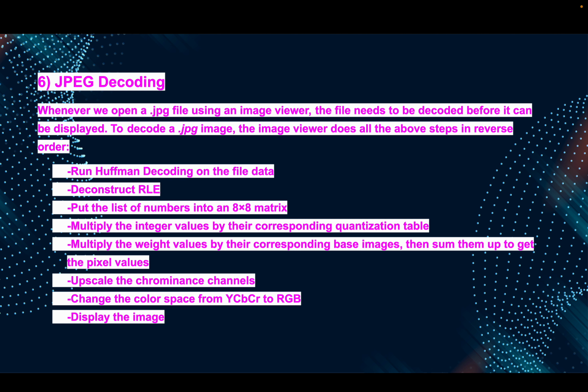Run Huffman decoding on the file data, deconstruct RLE, put the list of numbers into 8 by 8 matrices, multiply integer values by the corresponding quantization table, multiply the weight values by the corresponding base images, then sum them up to get the pixel values, upscale the chrominance channels, change the color space from YCbCr to RGB, and then it displays the image. Isn't that fascinating?